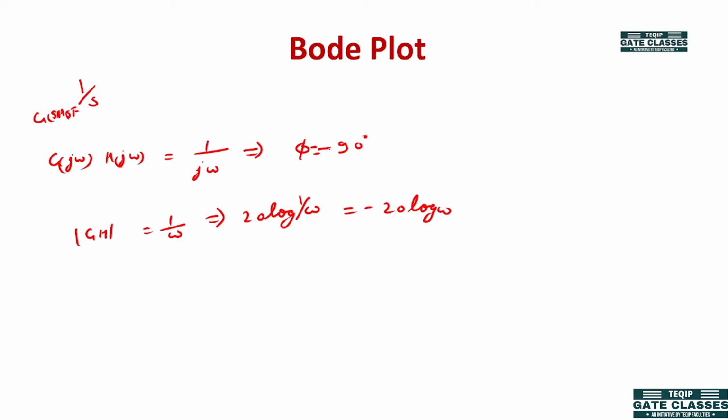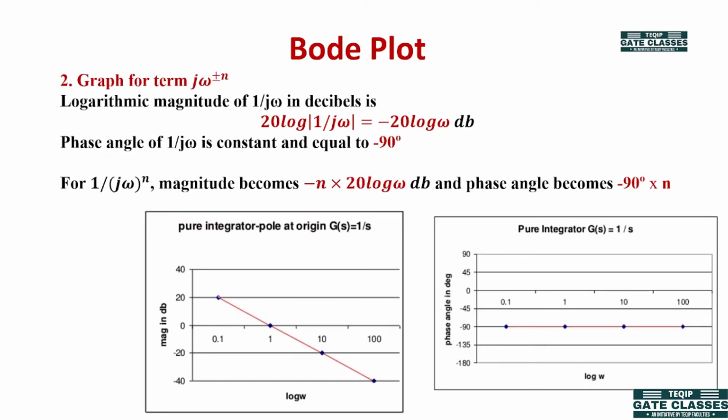So in magnitude we have a slope of minus 20 dB per decade, and our phase angle is constant at minus 90 degrees for all values of frequency. So we can draw our graph on the magnitude plot with a slope of minus 20 dB per decade, and this angle is fixed at minus 90 degrees. This is for G(s)H(s) equal to 1 by S.